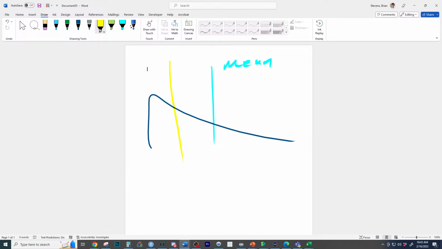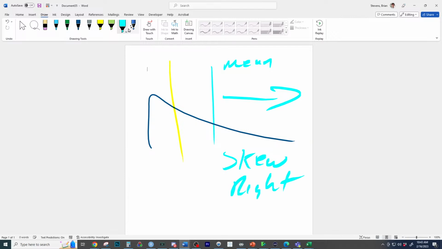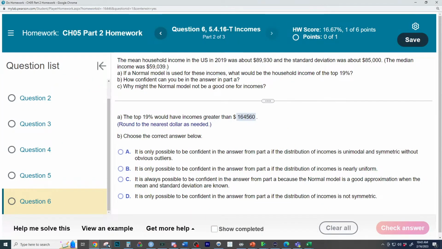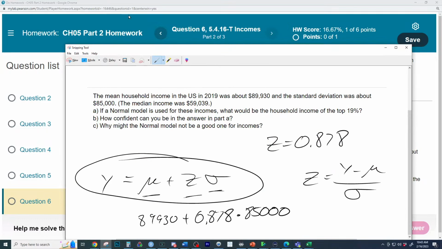So the mean goes in the direction of the skew. And that's what we see over here in the summary statistics they report. The summary statistics say that the mean was this, and the median was this. So the mean is going to the right. So this is right skewed.